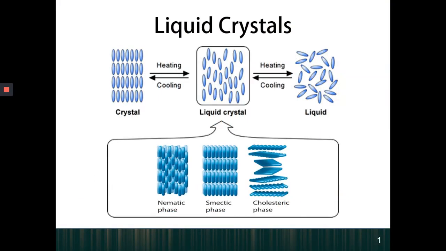As you see, a liquid crystal is a mesophase between the crystal and the liquid, and based on these properties, liquid crystals own both the crystal's arrangement property and the liquid's fluorescence properties.